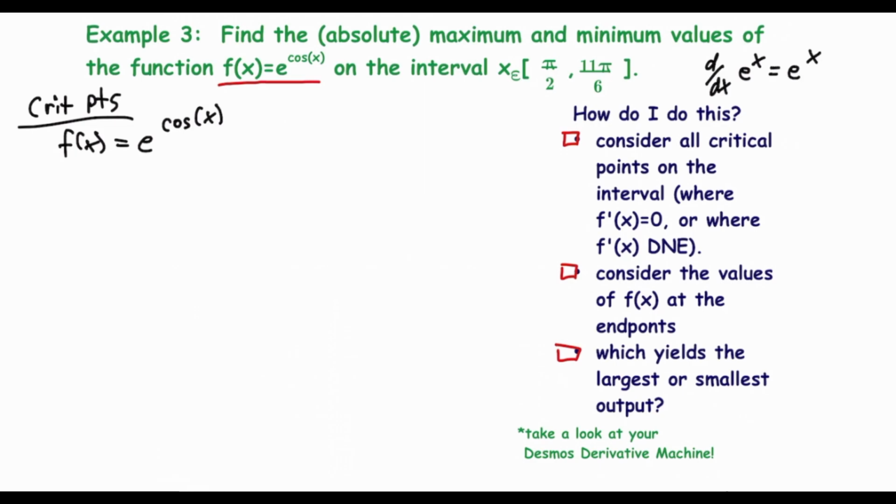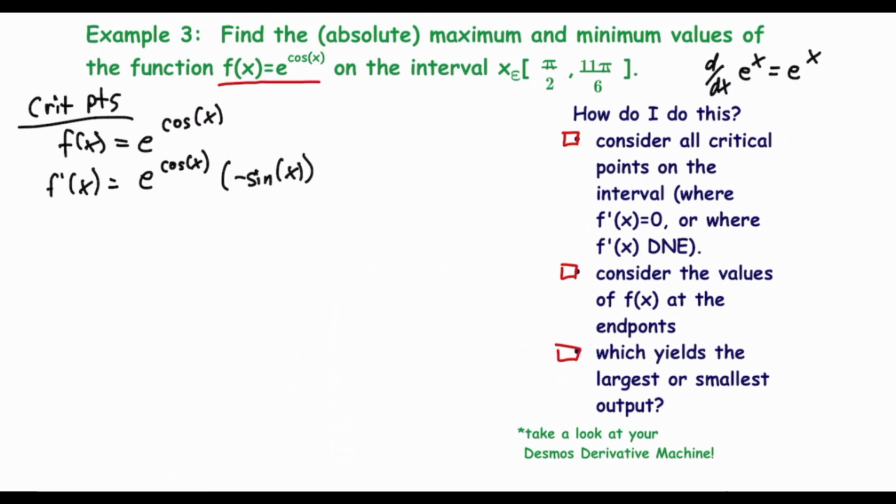So we're going to have the derivative of our outside function, e to the x, is just e to the x, multiplied with chain rule by the derivative of the inner function, which is cosine, and the derivative of cosine is negative sine x. So our derivative is going to be equal to e to the cosine x times negative sine x.